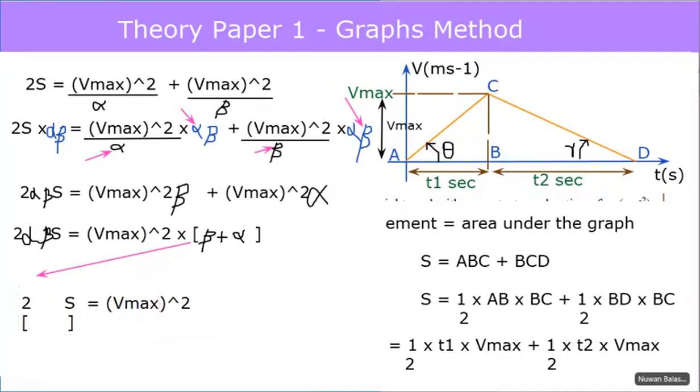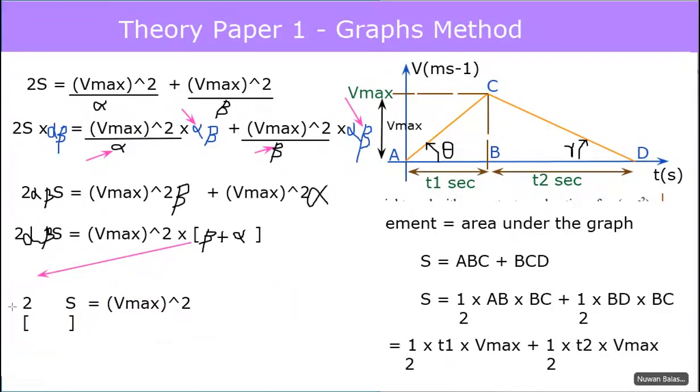So I can make V max square the subject like this: 2 alpha beta s divided by alpha plus beta.